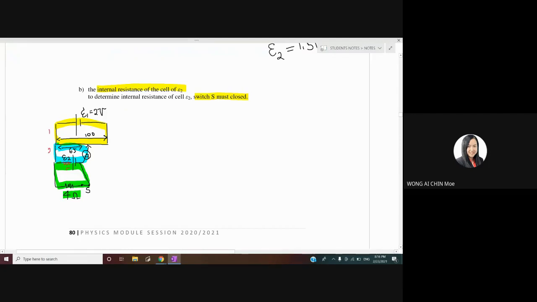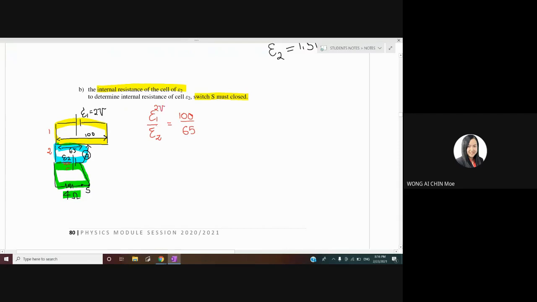What we should do is compare 1 and 2 first. Because it only involves length, we take the equation: EMF is directly proportional to the length. So EMF 1 over EMF 2 equals 100 over 65. Your EMF 1 is actually 2 volt.